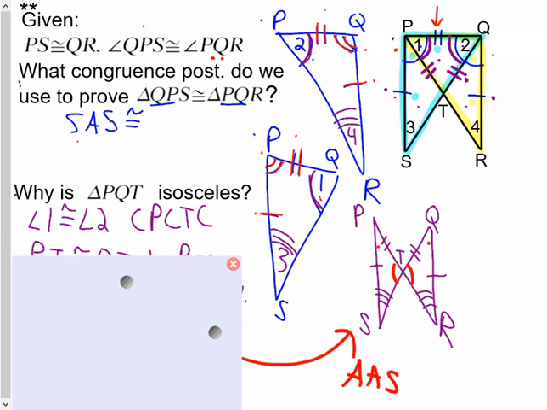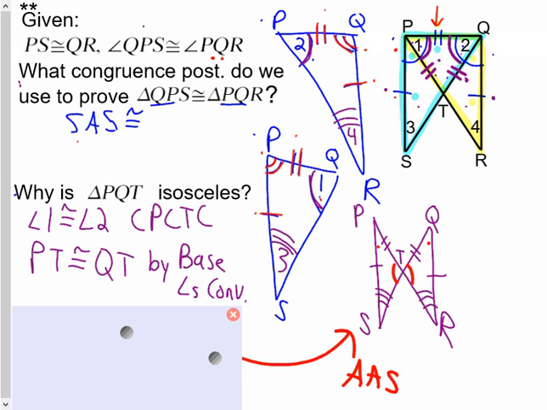So 1 and 2 are congruent because the triangles were congruent. And now we've got two angles congruent in the small triangle, therefore base angles converse, right? We use the base angles to show the sides are equal to give us PT congruent to QT, and therefore we've got an isosceles triangle.